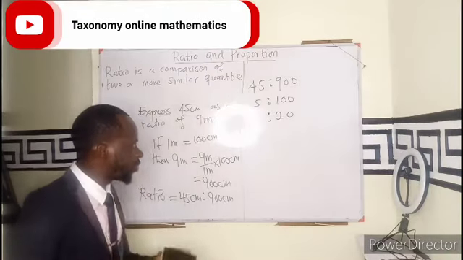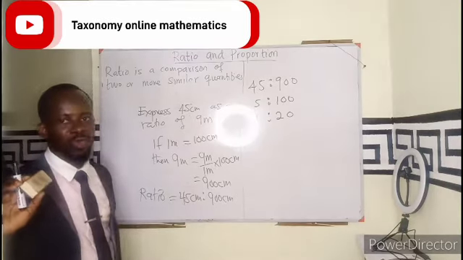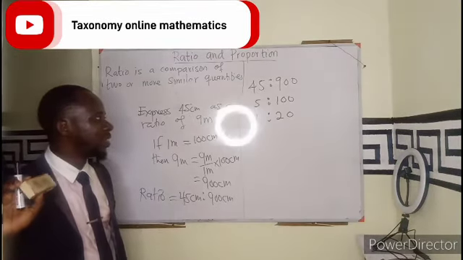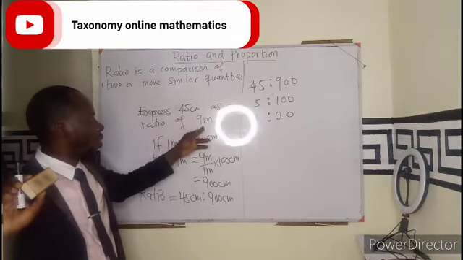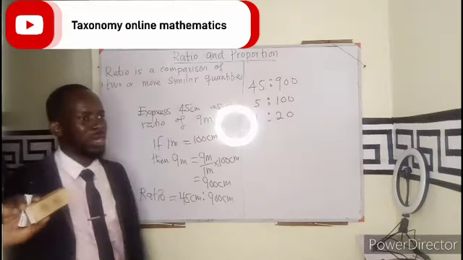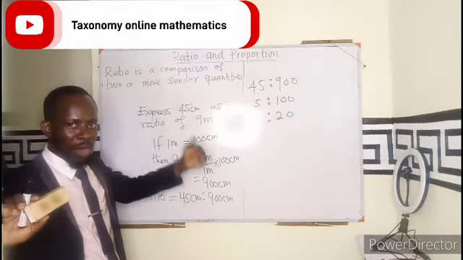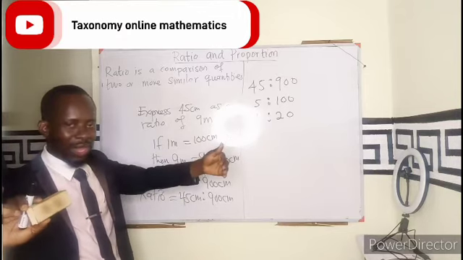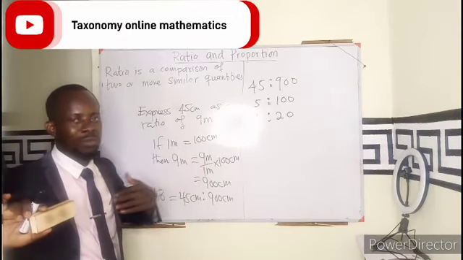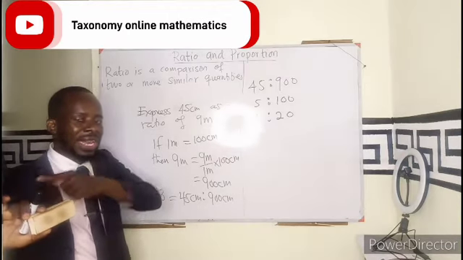So it means expressing 45 centimeter to 9 meter is just 1:20. So if we are comparing, for every 1 centimeter we pick what? 20 of that to get into the 9. Let's say we are all on the same lane, and I'm having my destination to be 45, your destination is what? 9 meter.